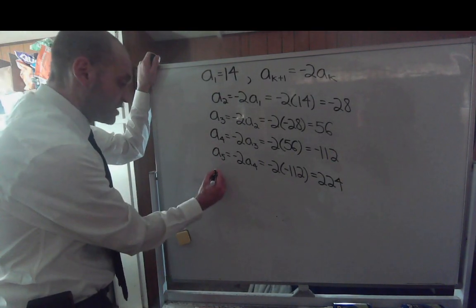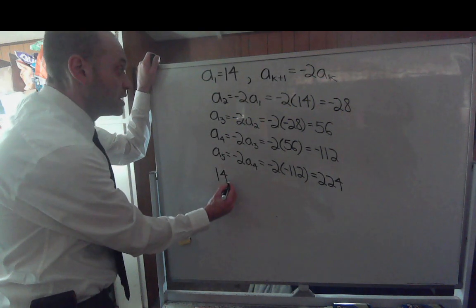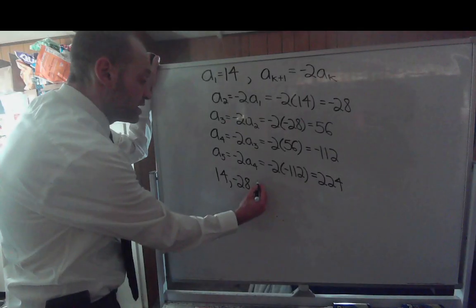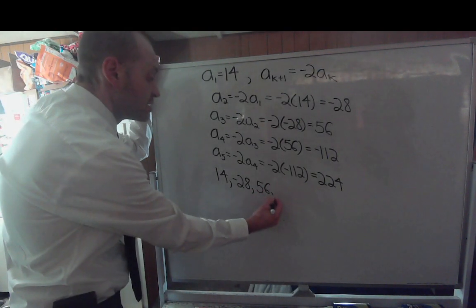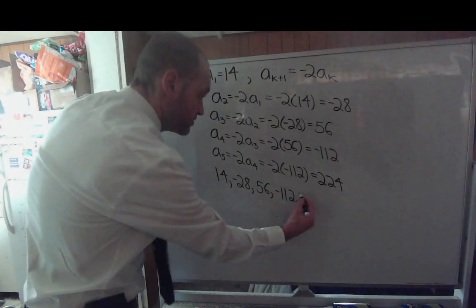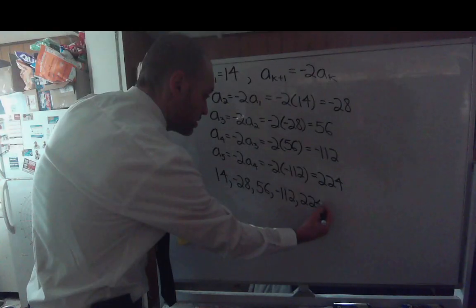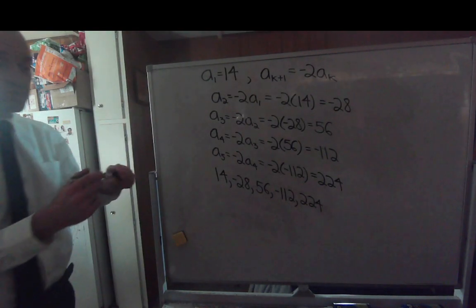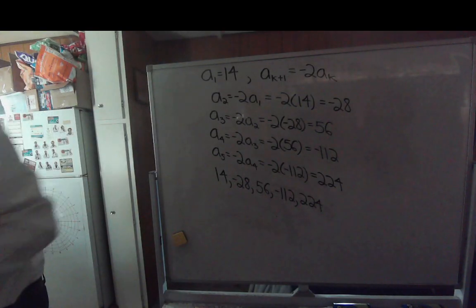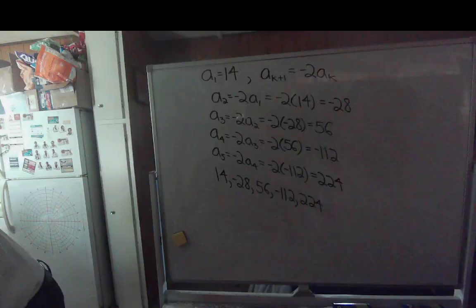So my first 5 terms are 14, negative 28, positive 56, negative 112, and then positive 224. Those are the first 5 terms of the sequence. All right, so that's using recursive formulas.